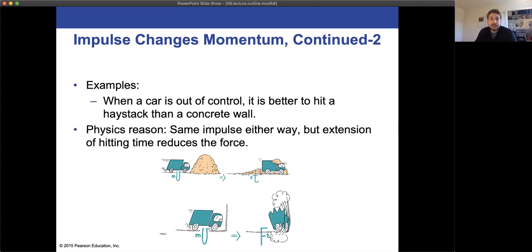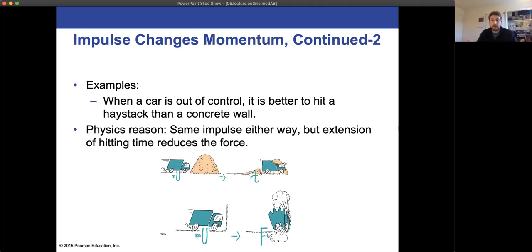Would you rather hit a haystack or a wall? You might say the haystack, but why? Because as we smash through the haystack, all the hay goes in all kinds of different ways, but we spend more time slowing down than we do if we just hit the wall.